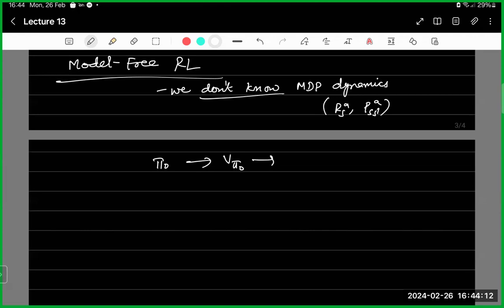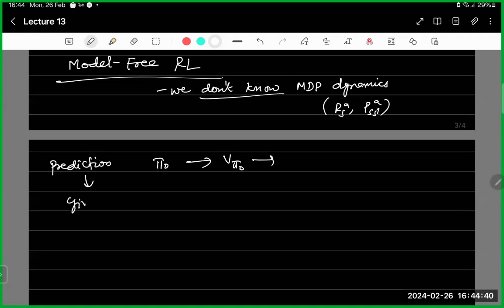For a given policy, you want to understand how good is that policy. That's one step, and that's generally called a prediction problem. If you have decided on some policy, you want to understand how good is that policy. Okay. So we call that the prediction problem.